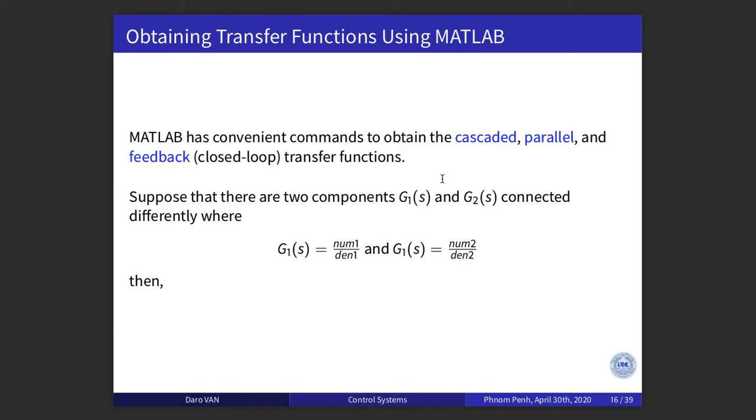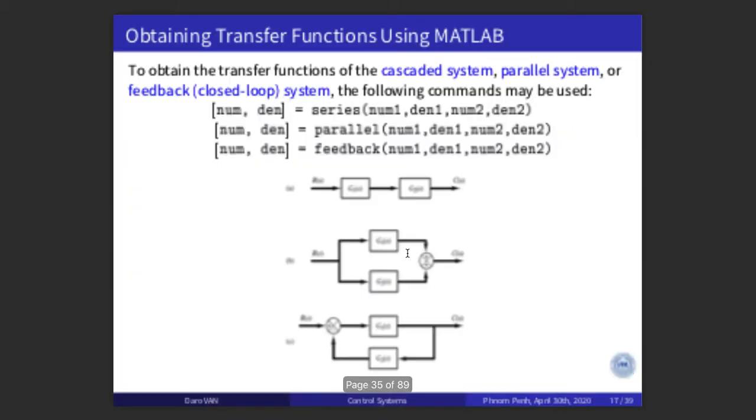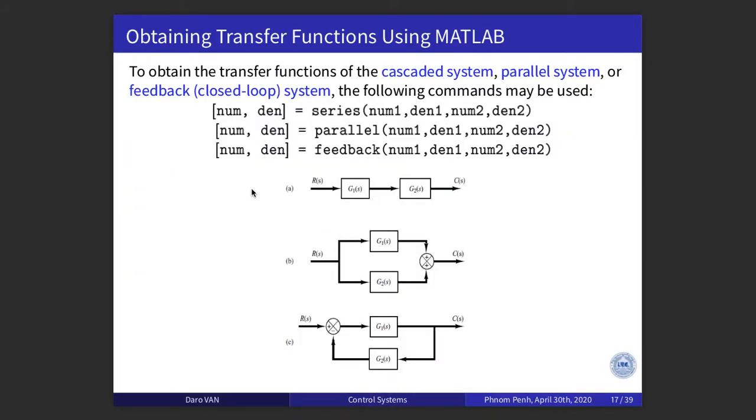Suppose that you have two transfer functions, G1(s) and G2(s), connected. Sorry for that, this should be 2. To obtain the transfer function of the cascaded, parallel, and feedback systems, we can use the following commands.